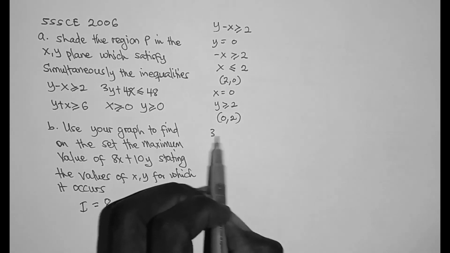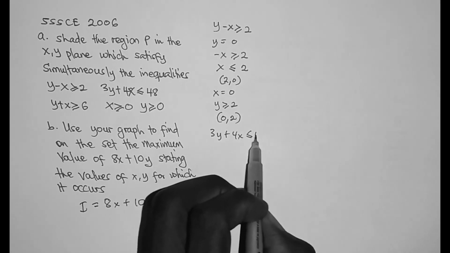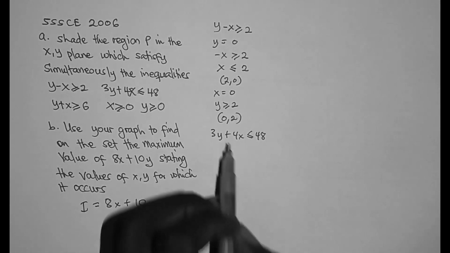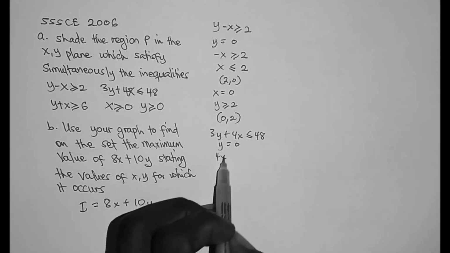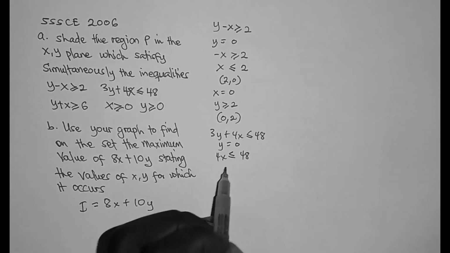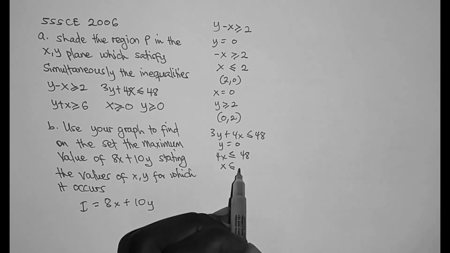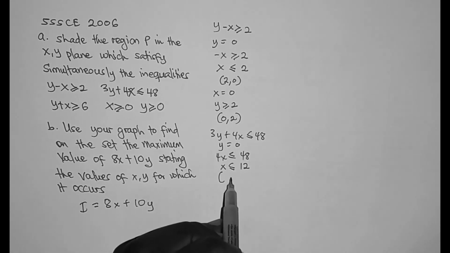Now let's take 3y plus 4x is less than or equal to 48. Let's put y equals 0. We see that 4x is less than or equal to 48. Dividing through by 4, we see that x is less than or equal to 12. So we have the coordinate 12, 0.